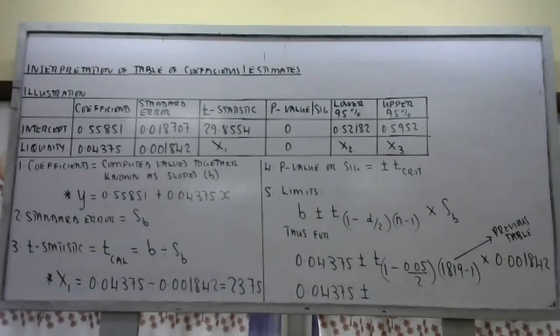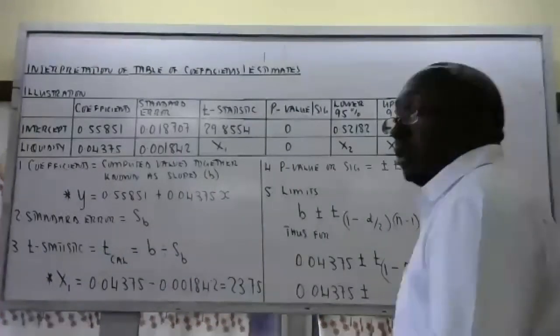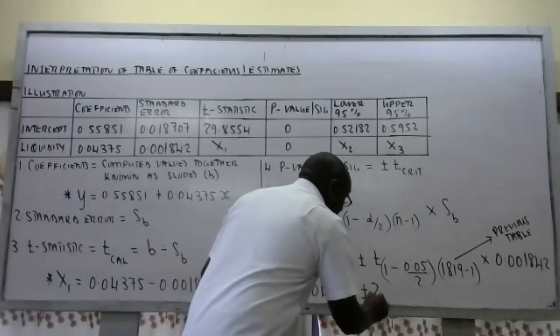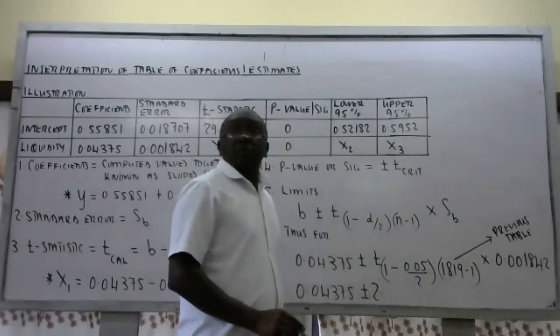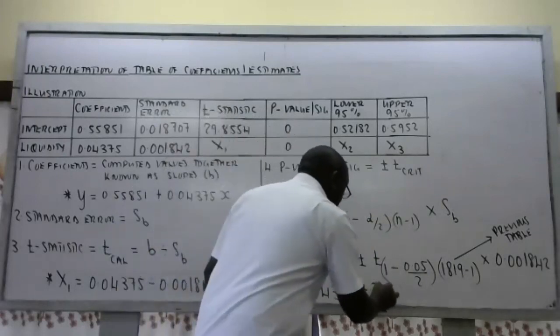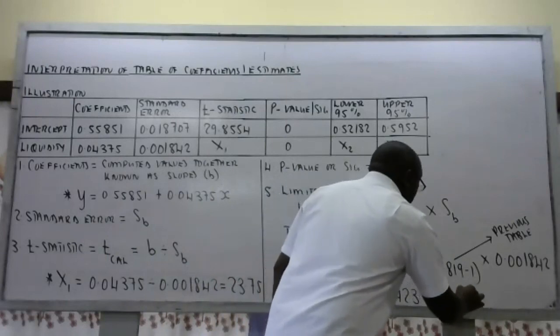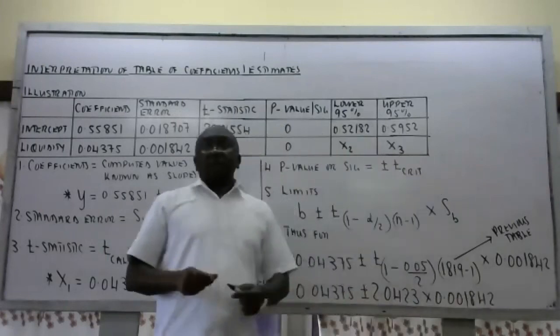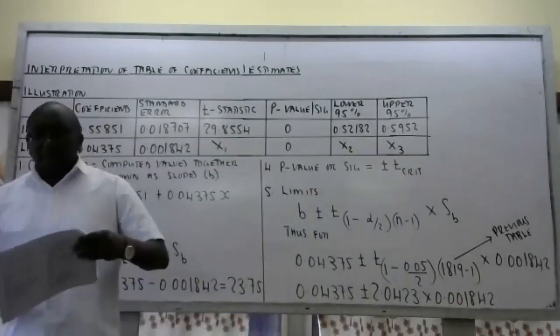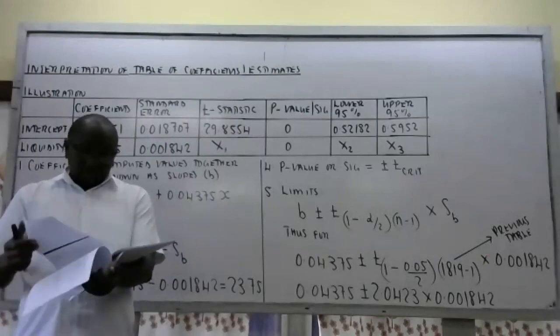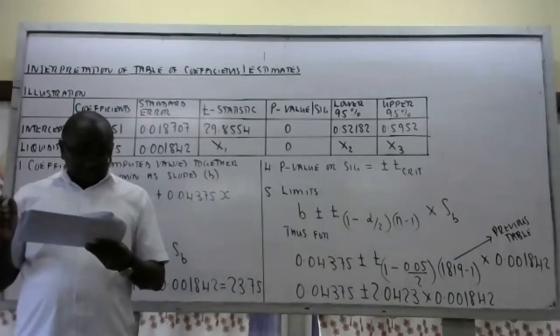Okay, fine. I read at 95, 2.02. Okay. On that last point, if you get a figure greater than the table, you read it at the closest, which is 30. So reading that you get 2.0423, so times 0.001842. That is how it is read.